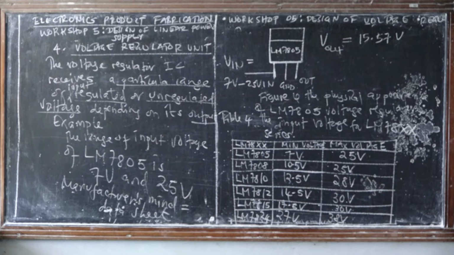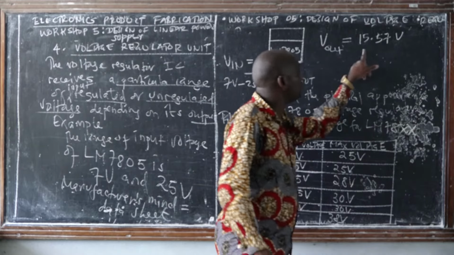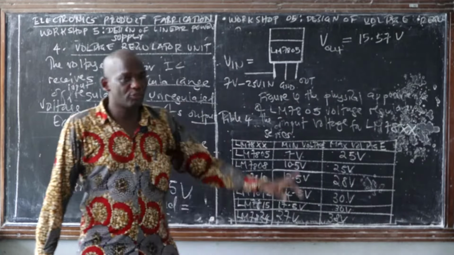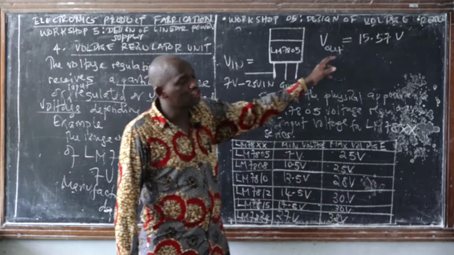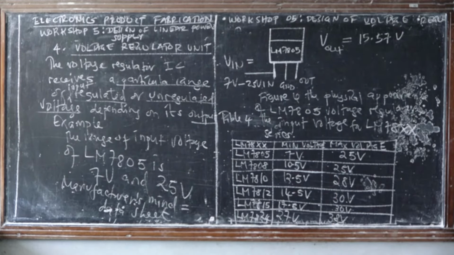Let me repeat. The output voltage of the filter unit that we have in our design is 15.57 volt. This output voltage of the filter unit will be the input voltage of the voltage regulator unit.